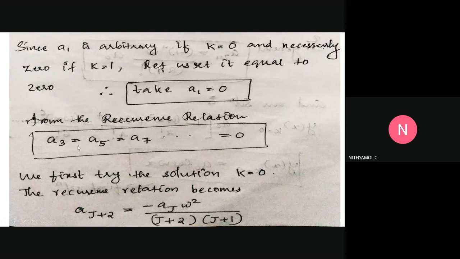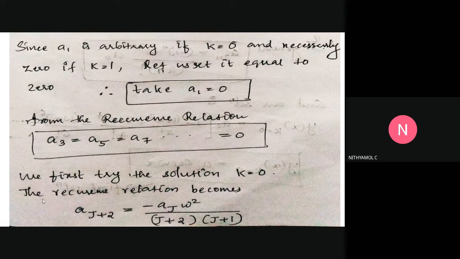From the recurrence relation, aj plus 2 is equal to minus omega square aj divided by k plus j plus 2 into k plus j plus 1. So we find that a3 is 0, and a5, a7, etc. are 0.